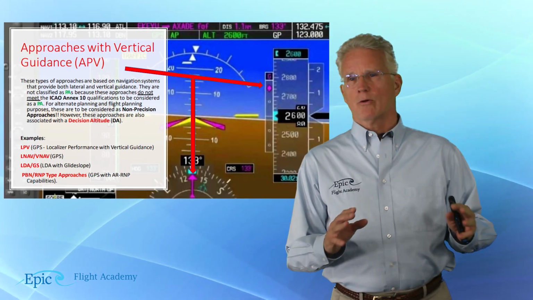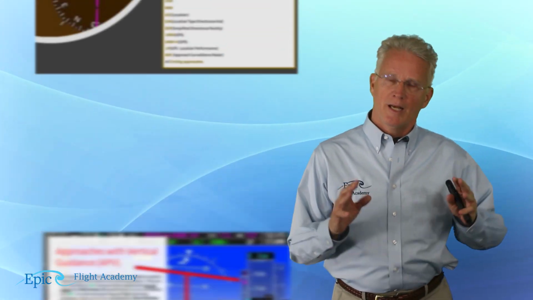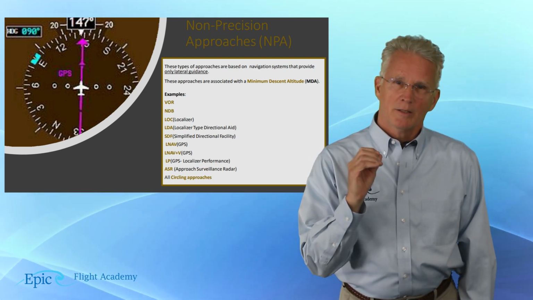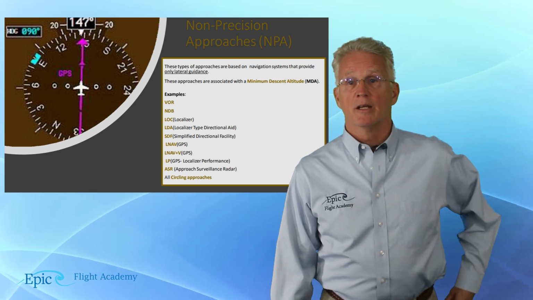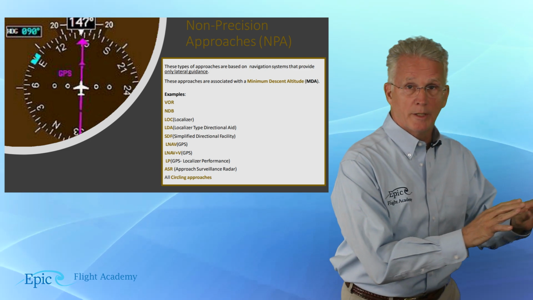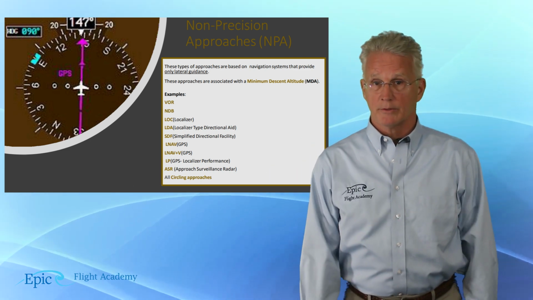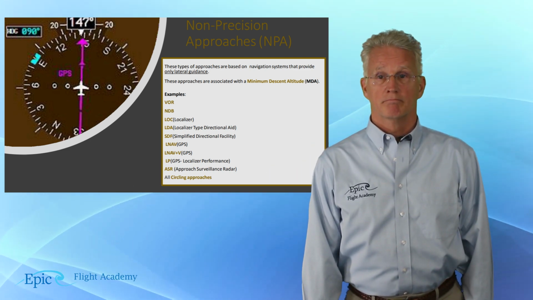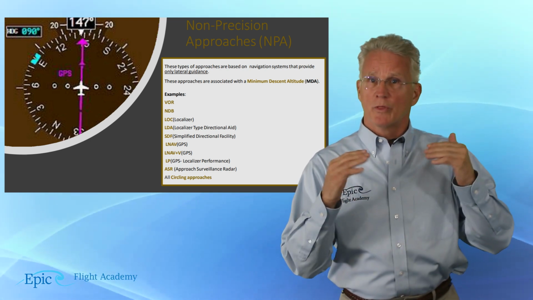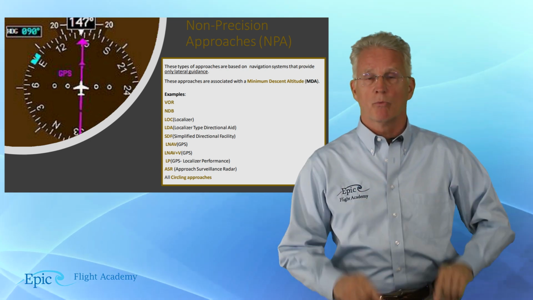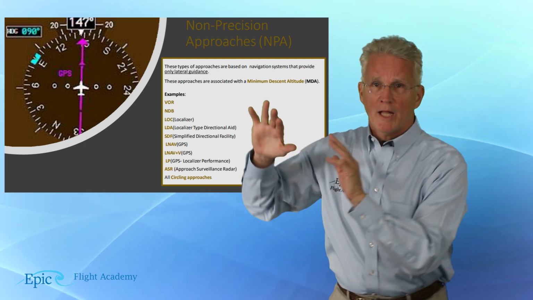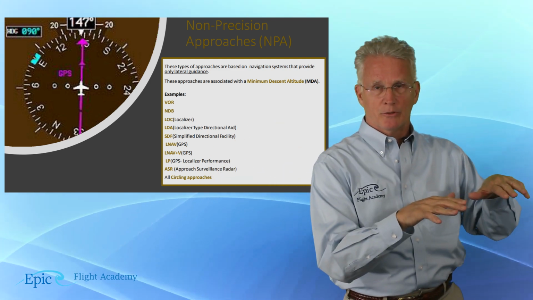The third category of approach is called the non-precision approach category. These types of approaches are based on navigational systems that provide lateral guidance only. There is no vertical guidance provided. These approaches are not associated with a decision altitude, but rather with what we call a minimum descent altitude.